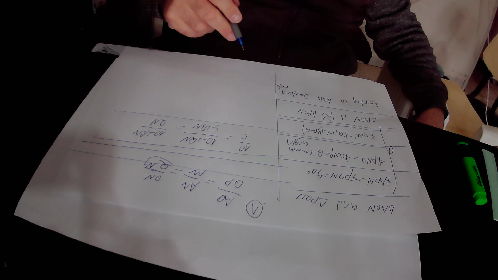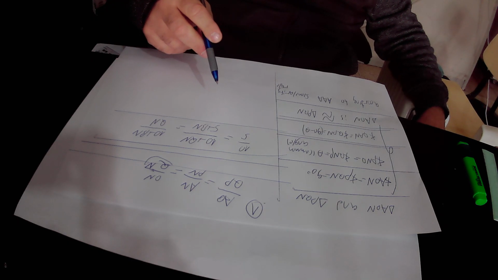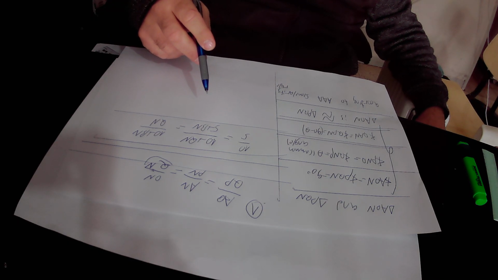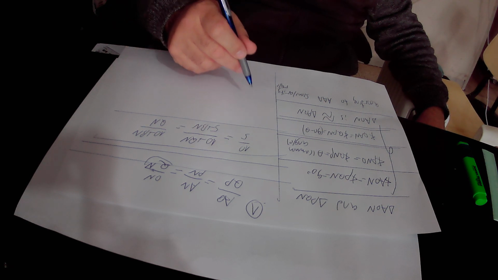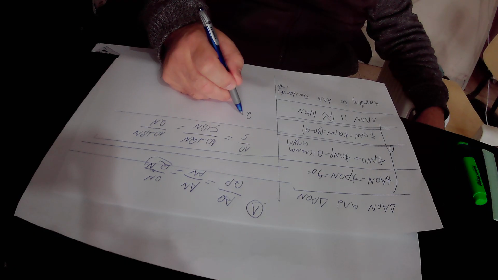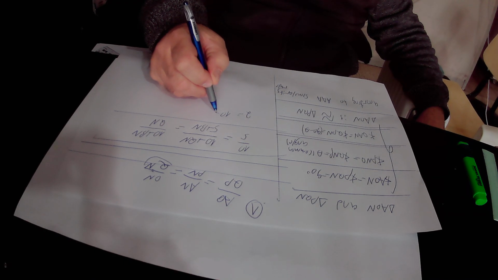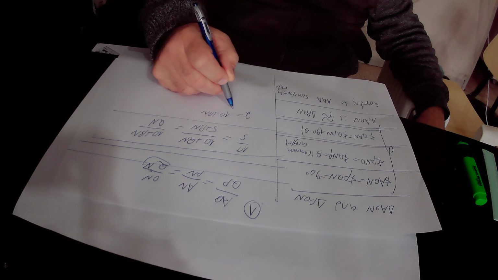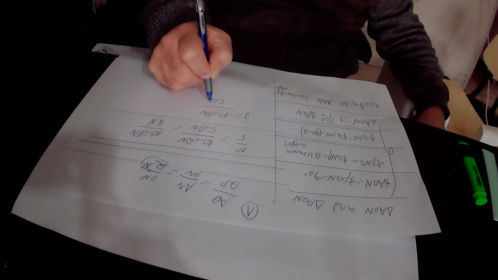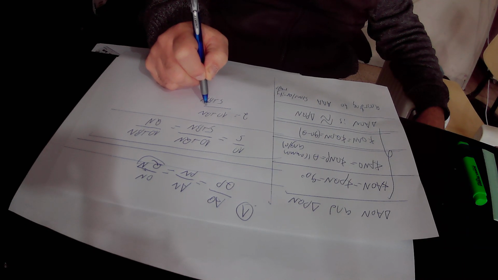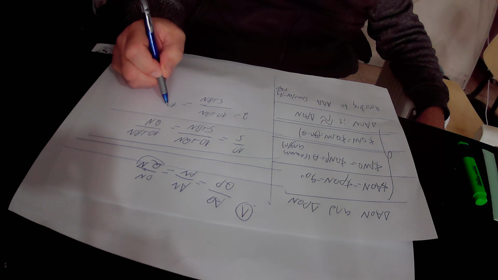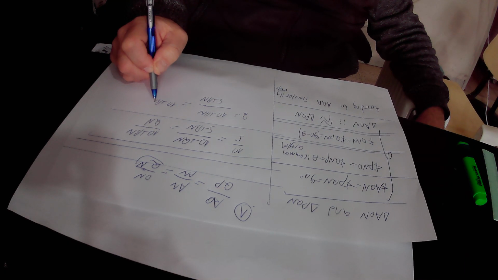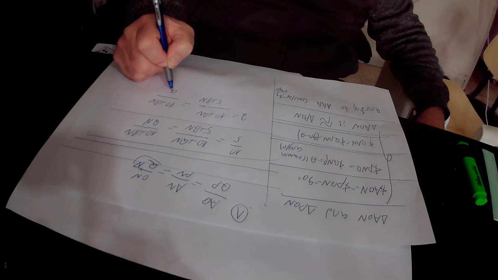In conclusion, 10 over 5 equals 10 plus QN over 5 plus BN, and it is also equal to 10 plus BN over QN. 10 over 5 is 2, so 2 equals 10 plus QN over 5 plus BN, and it is also equal to 10 plus BN over QN.